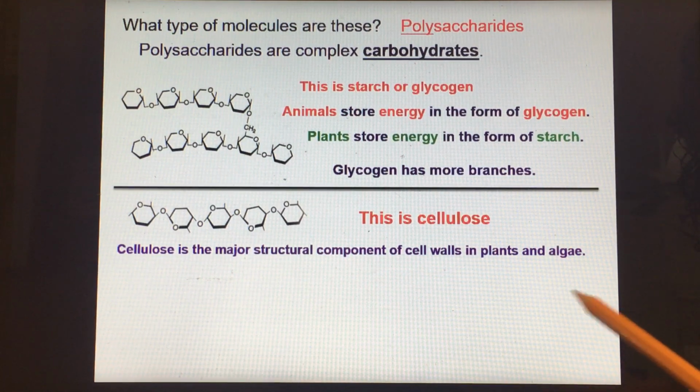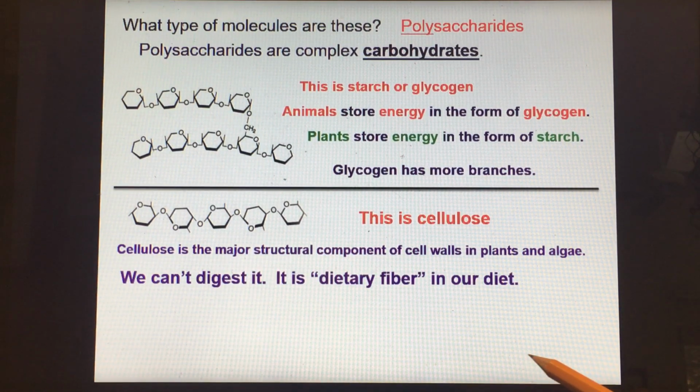You need to be able to distinguish between all of these structures on tests and quizzes. We can't digest cellulose, so it's considered dietary fiber. And remember, we learned about the mutualistic relationship earlier with the microorganisms living in the digestive tract of the termites.